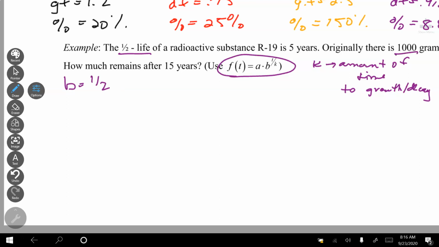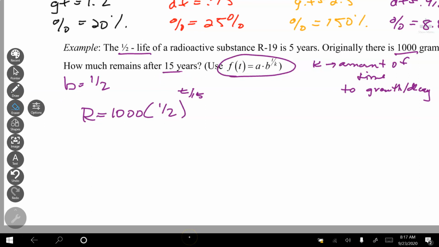Originally I have 1,000 grams, so A equals 1,000 times a half, and since the half-life is 15 years, it's going to be T over 15. Because if I put 15 in here, it would be 15 over 15, which would be 1, and that would be a half raised to the first power, which is 1 half-life cycle.